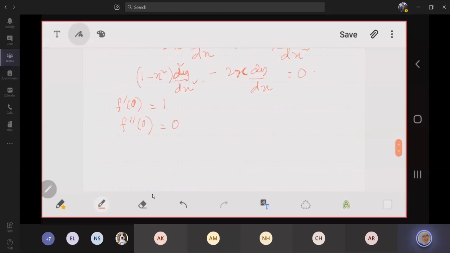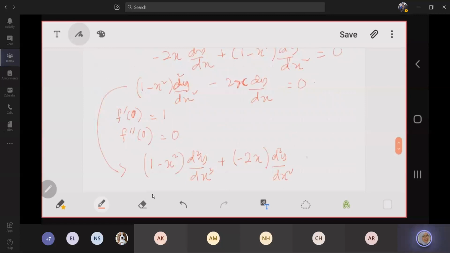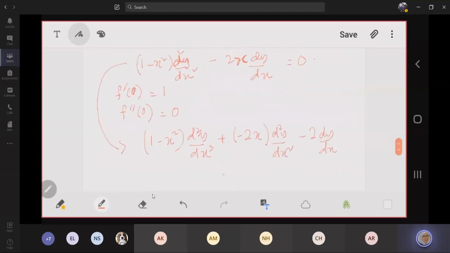So from here you differentiate another time, you get (1 minus x squared) d cube y by dx cube, plus you get minus 2x d squared y by dx squared, and then plus or minus 2x 2 dy by dx, and then minus 2x d squared y by dx squared, that is equal to 0.